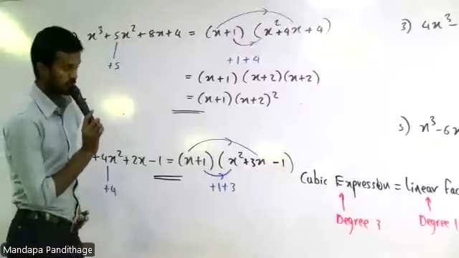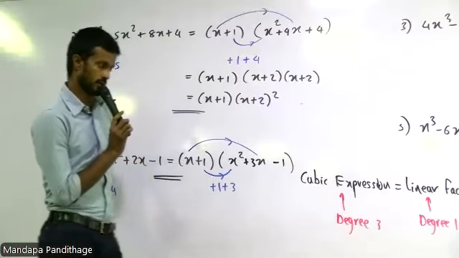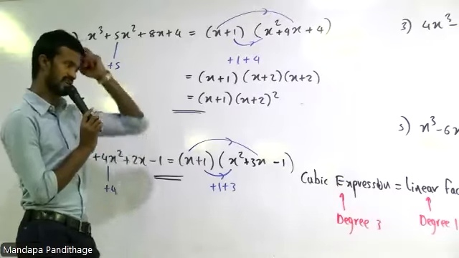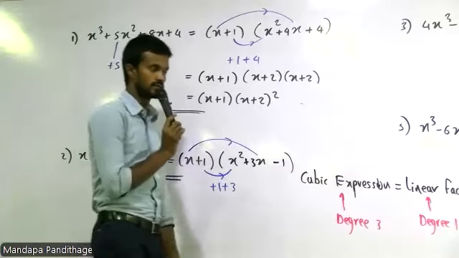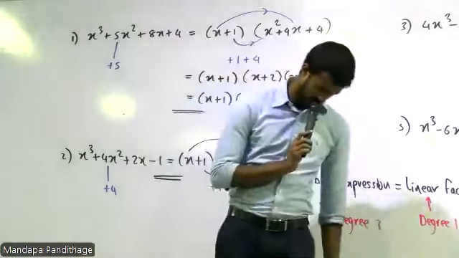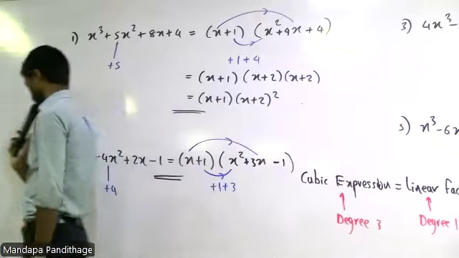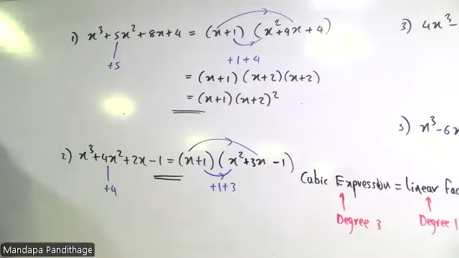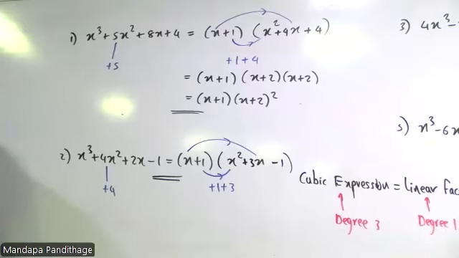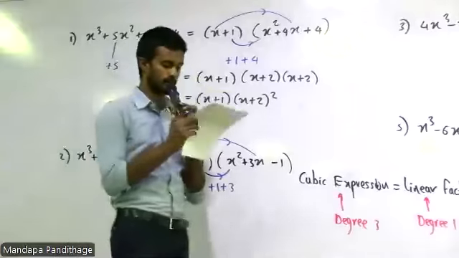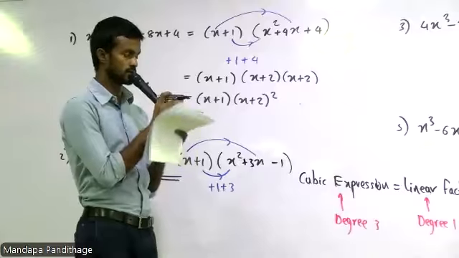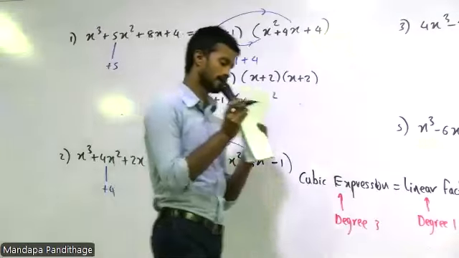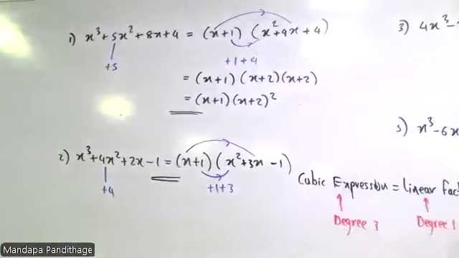Cubic expression is equal to linear factor into quadratic factor. So degree is 3, degree is 1 and degree is 2. Then after that write this. Based on this, we can write the quadratic factor by comparing coefficients.